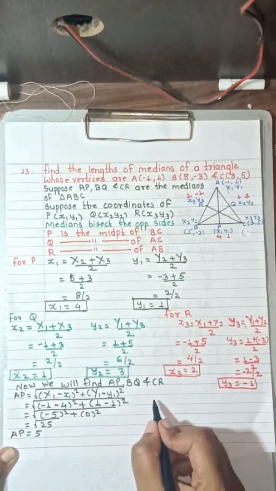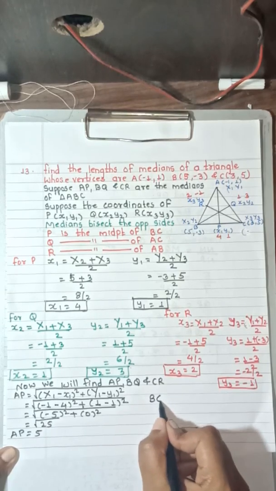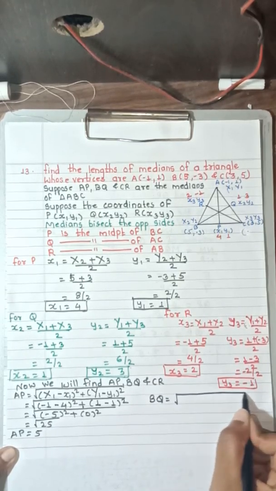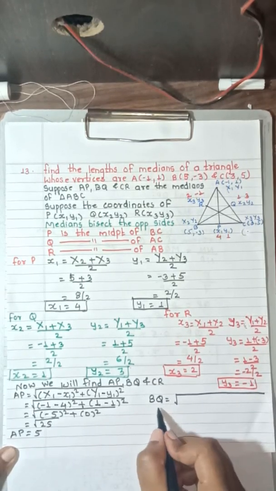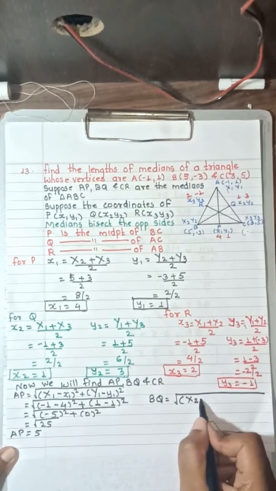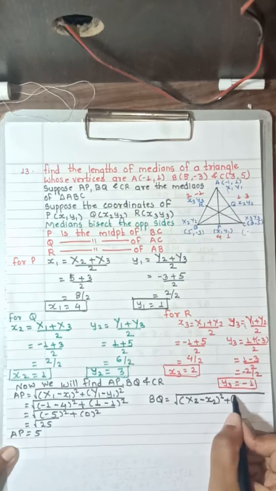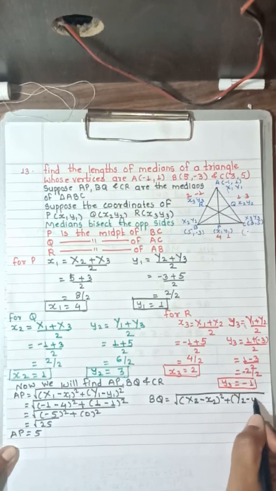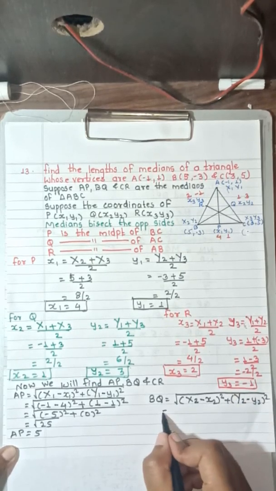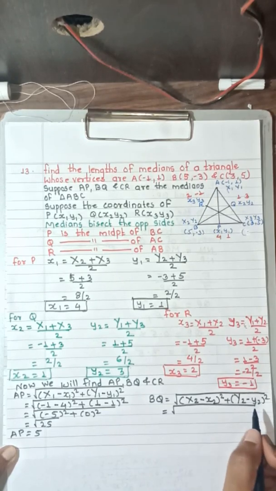Now we'll find out the value of BQ. BQ is equal to under root of (X2 minus x2) square plus (Y2 minus y2) square. What is capital X2?